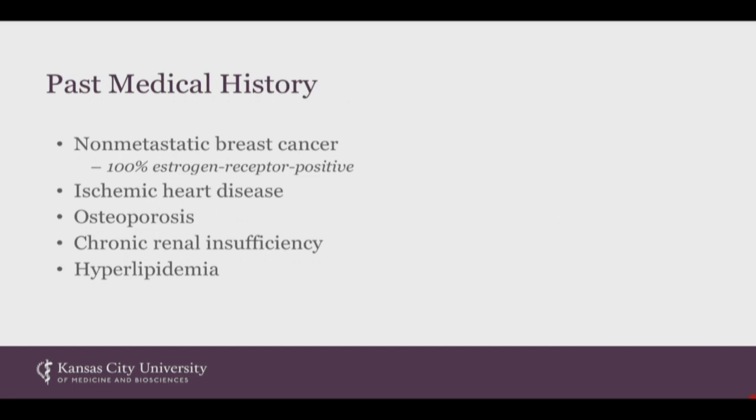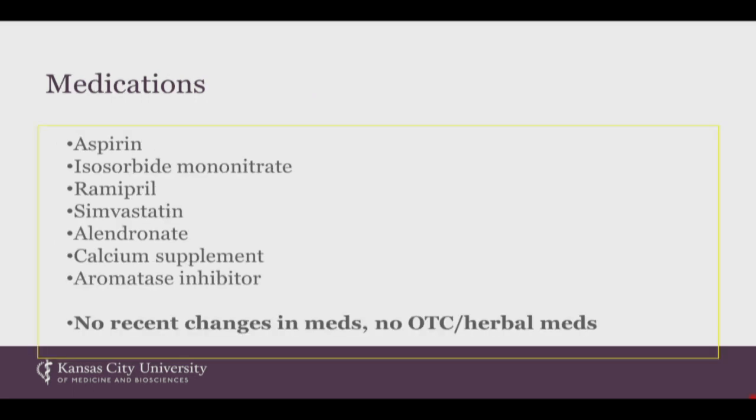Her past medical history is notable for non-metastatic breast cancer, which is 100% estrogen receptor positive. She also has ischemic heart disease, osteoporosis, chronic renal insufficiency, as well as hyperlipidemia. Medications include daily use of aspirin and isosorbide mononitrate, as well as ramipril, which is an ACE inhibitor, all to combat her ischemic heart condition.